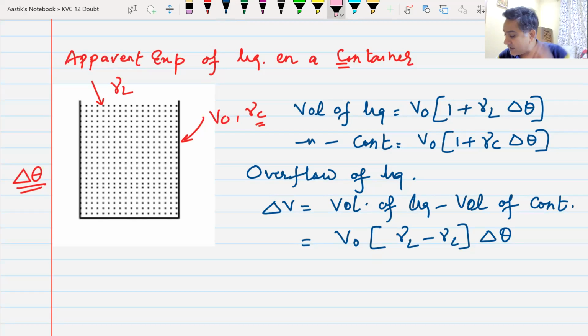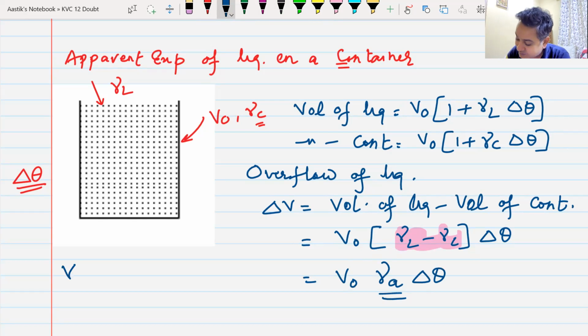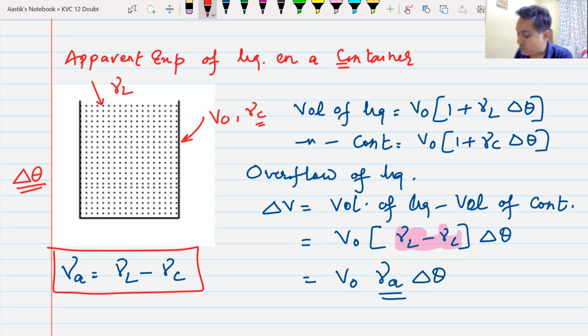This gamma L minus gamma C can now be written as V0 into gamma apparent into delta theta. This gamma apparent is known as the coefficient of apparent expansion of the liquid with respect to the container. Do we understand this?